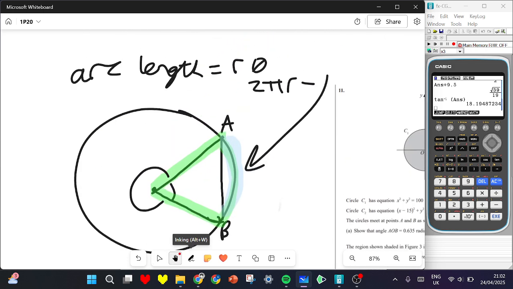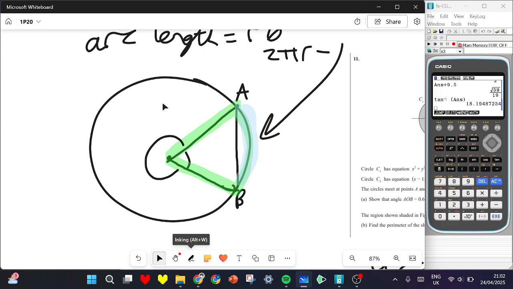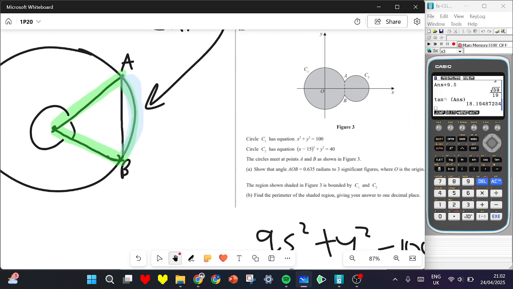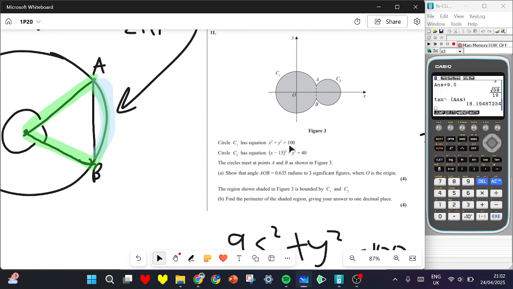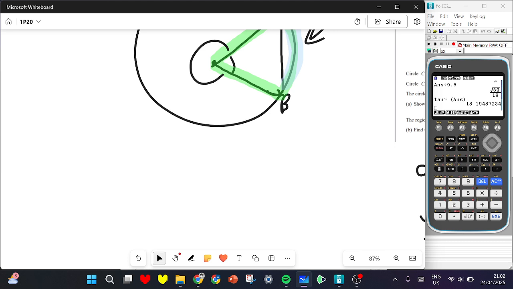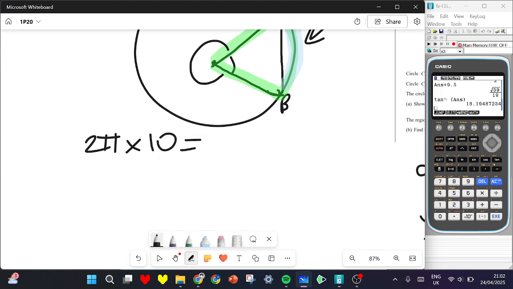Okay, so if I do that, first I'll find the whole circle. So for circle 1, the radius is going to be the square root of 100, so that's going to be 10. So 2 pi times 10 is 20 pi, that's for the whole circle.